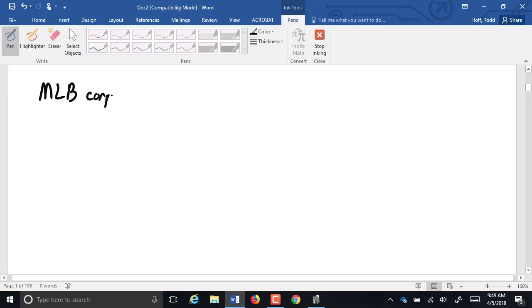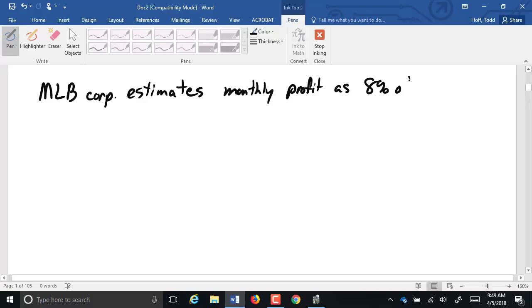MLB Corporation estimates monthly profit as 8% of gross sales.